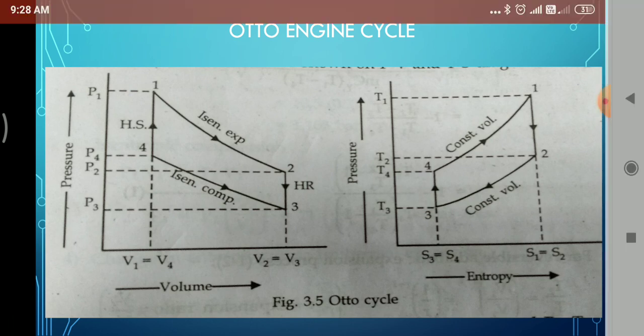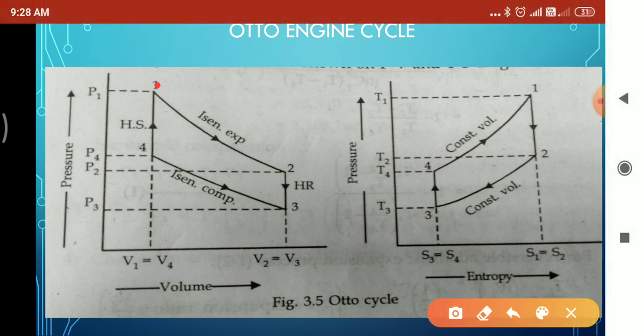So in this diagram, we can say 1 to 2. Here, process number 1 is called isentropic expansion. In this process, the air is expanded reversibly and adiabatically from temperature T1 to T2.